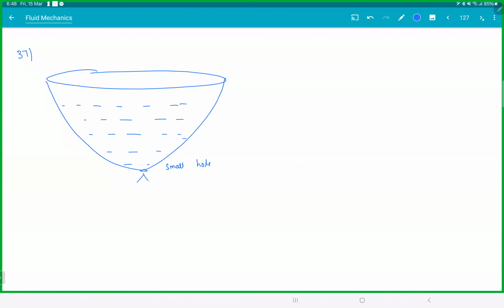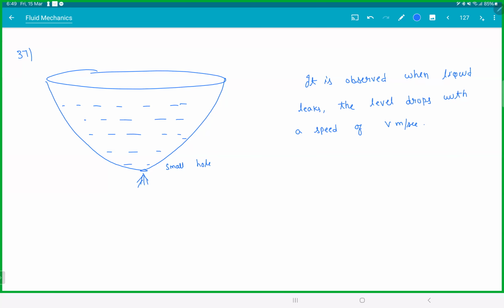It is observed that when the liquid is leaking out, the liquid level is decreasing, or the liquid moves down with the speed of v meters per second. Basically, they will say the liquid level is decreasing at a constant rate.